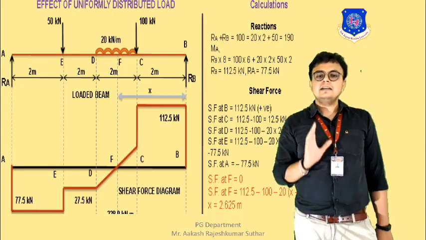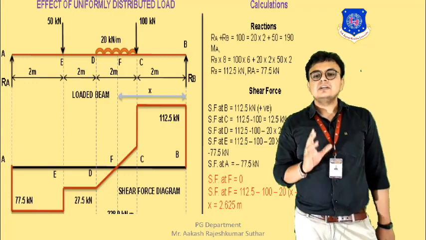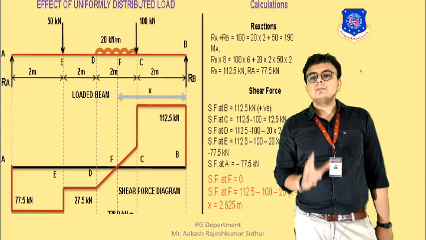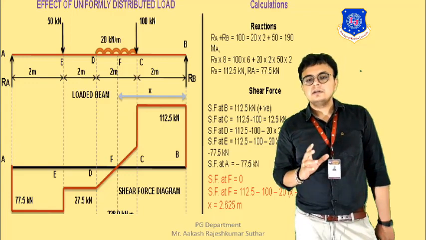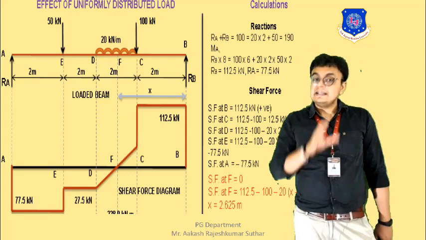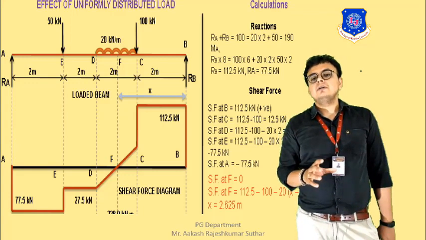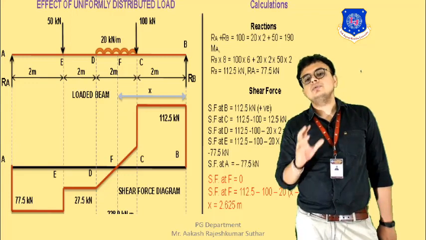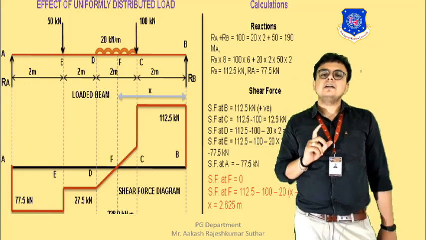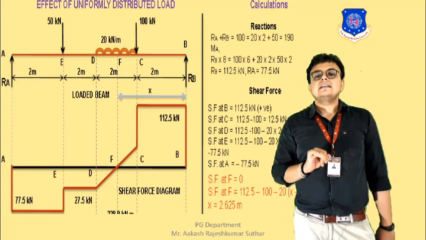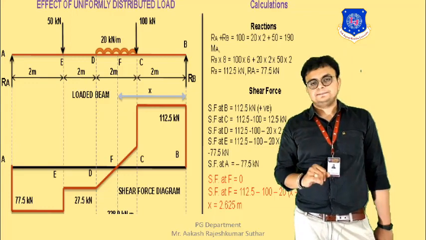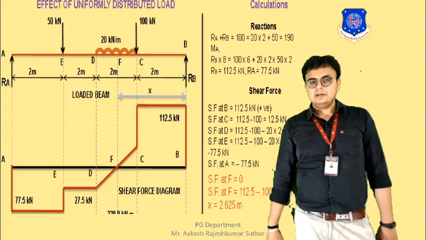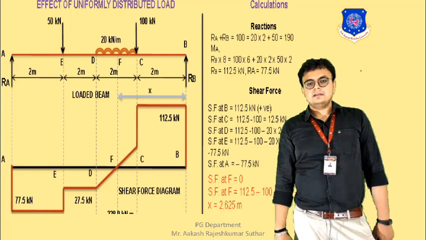So ultimately we get RB equal to 112.5 kilonewton, and by subtracting it from the total load, that is 50 plus 100 plus 20 into 2, we get the value of RA equal to 77.5. Okay.